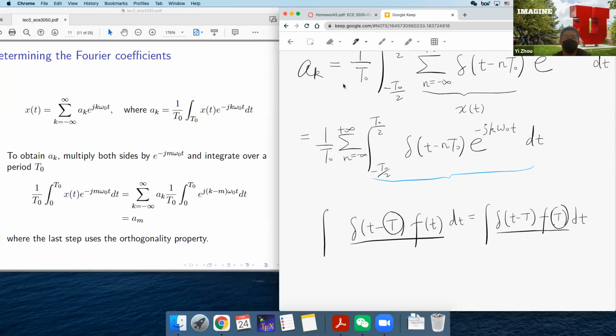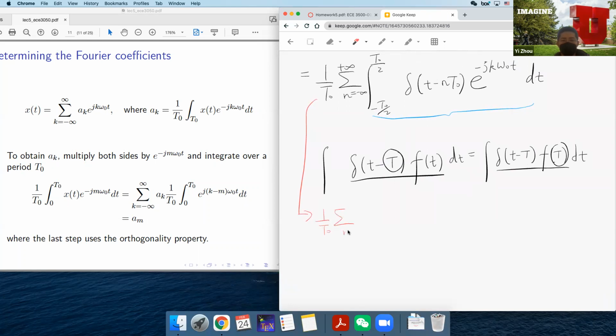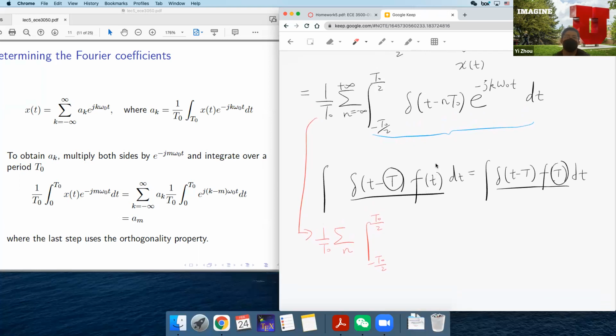Therefore, this becomes delta, this one is the same, and this one is e to the j k omega naught, replacing t by the shift.